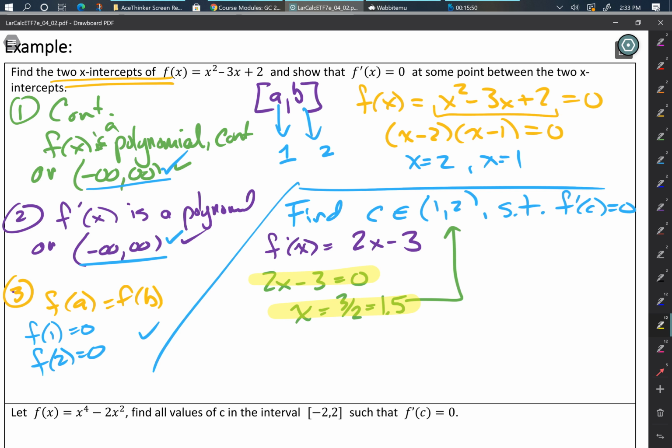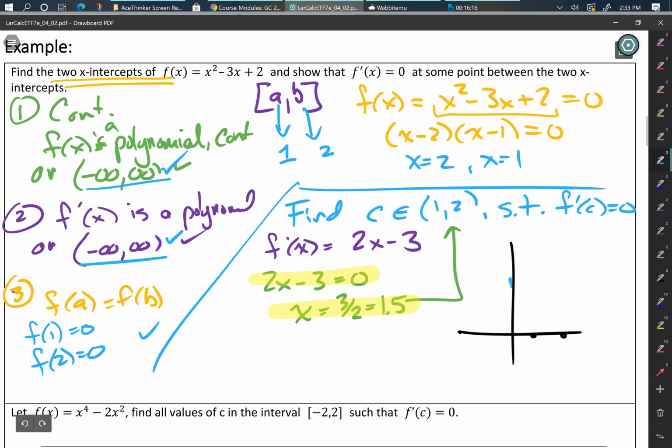And that makes sense. Okay? If I think about what this function is, the original function f of x appears to be a parabola opening upward. And if it crosses the x-axis at 1 and 2, I'm looking at something like this. Say that's 1 and that's 2.